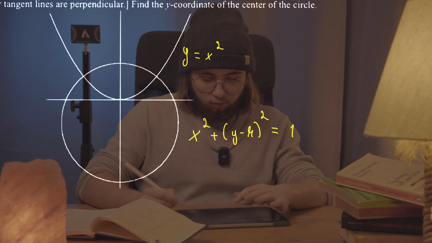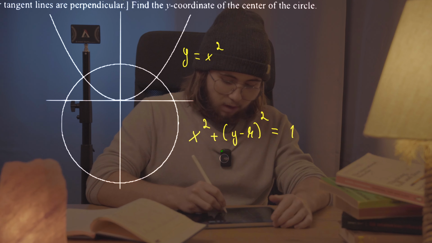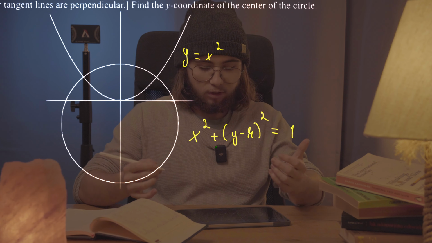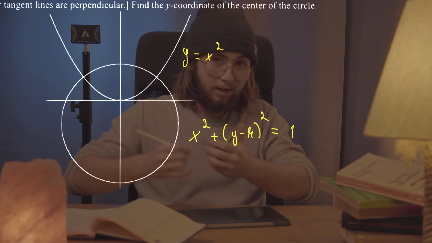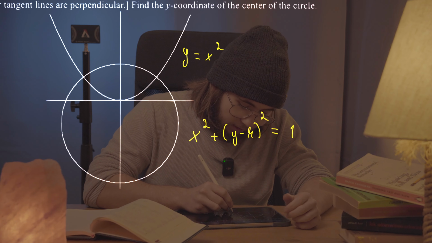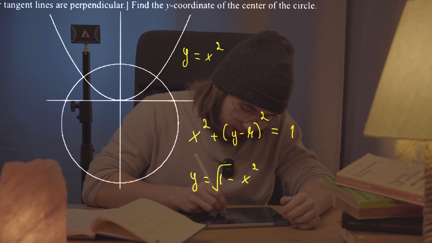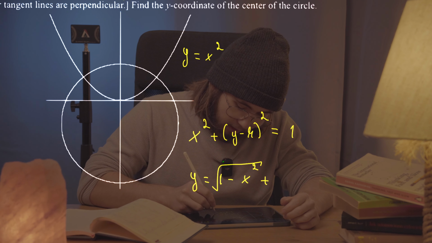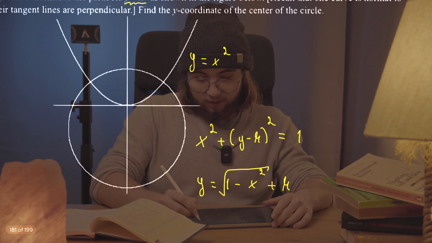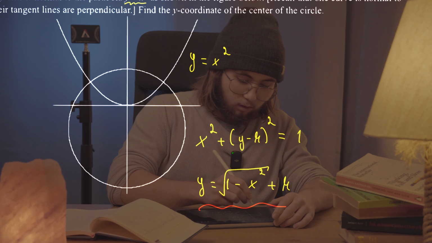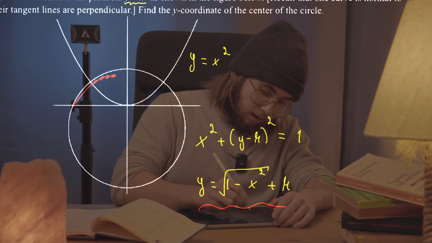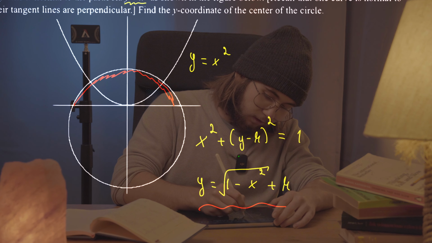Now if I were to isolate y from it, so I will make this entire expression a function of x, so I make y a function of x, I would get that y would be equal to the square root of 1 minus x squared, and then plus my k. This formula right here will actually nicely describe the upper part of the circle.